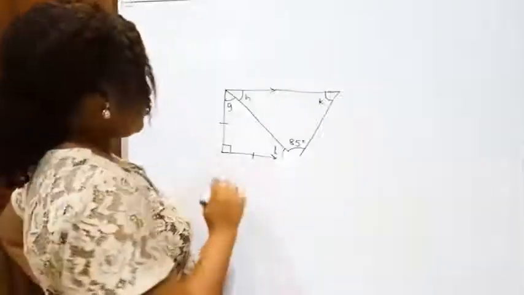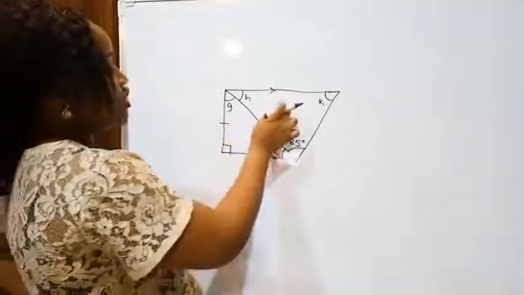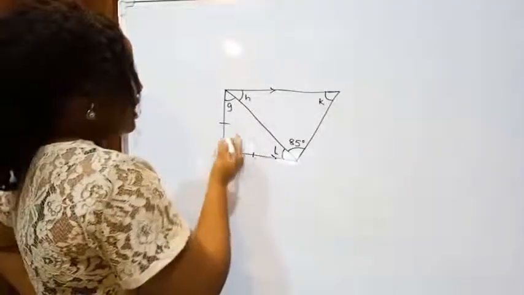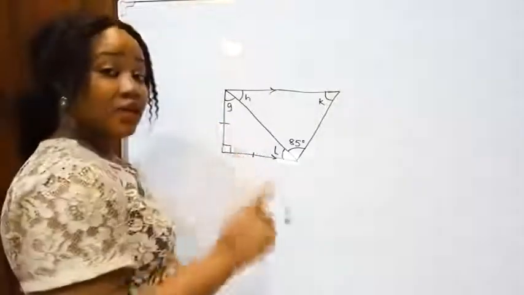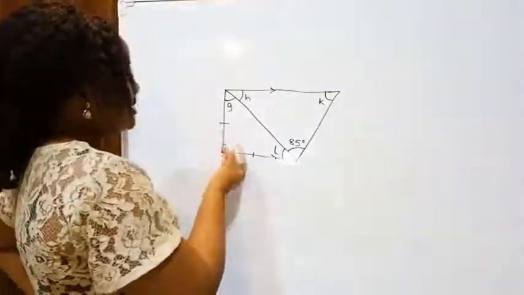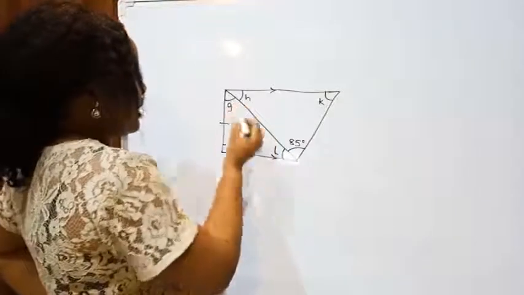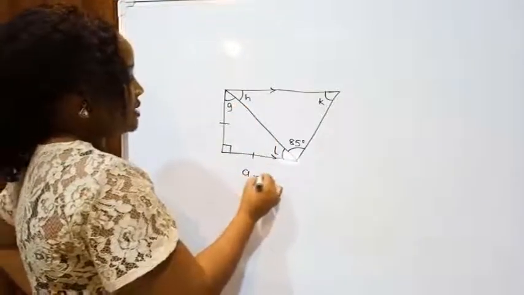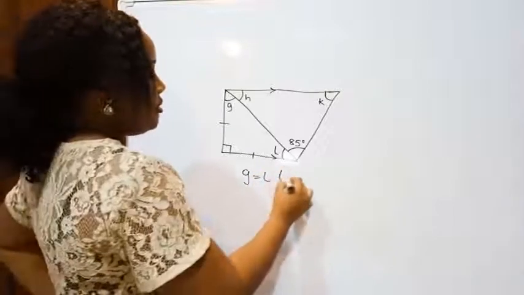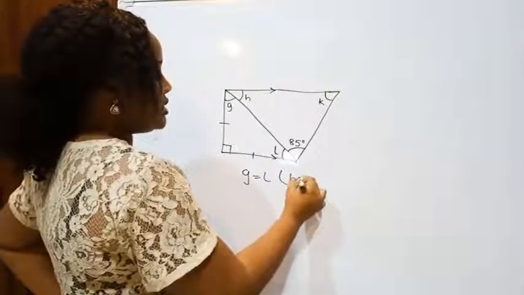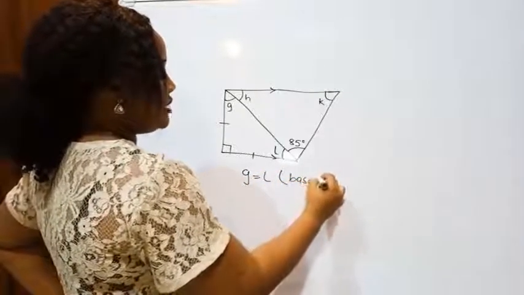So let's look at this figure. Okay, we have two triangles, and this is an isosceles triangle, a right-angled isosceles triangle. Right angle, isosceles triangle. So it means that these angles are equal. Our G equals L. Okay, base angles of an isosceles triangle.